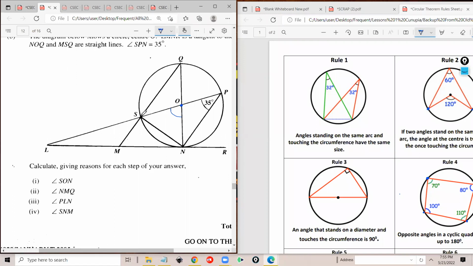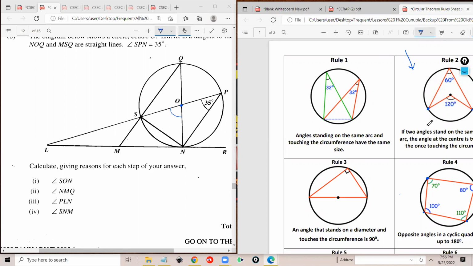Then you have another angle going from S to the circumference and bouncing back to N. So both of them start at S and end at N, one going to the center and one going to the circumference. That looks like rule 2. The one at the center is always twice as large. The center one is the larger one.